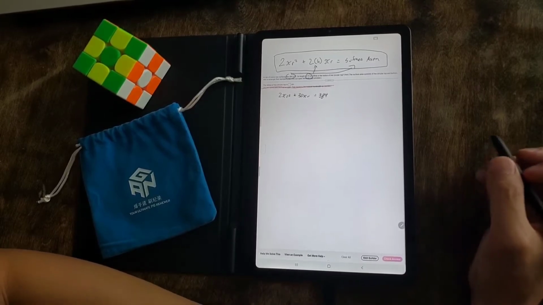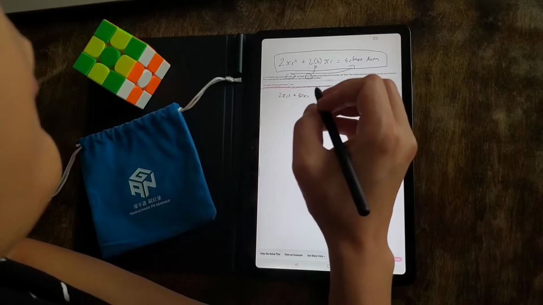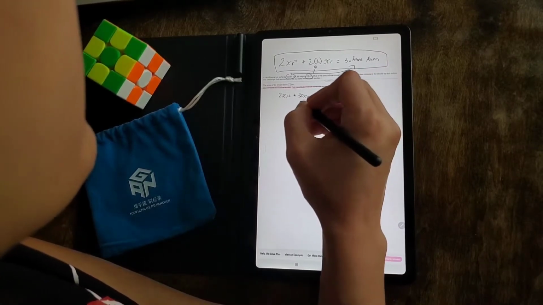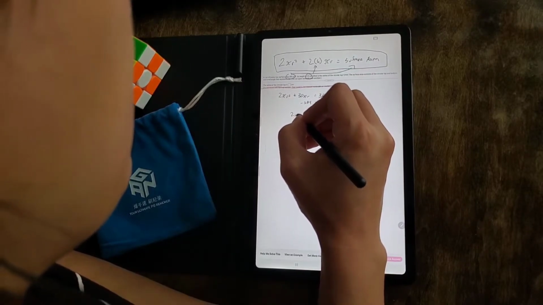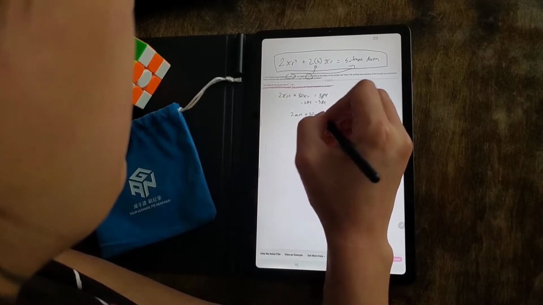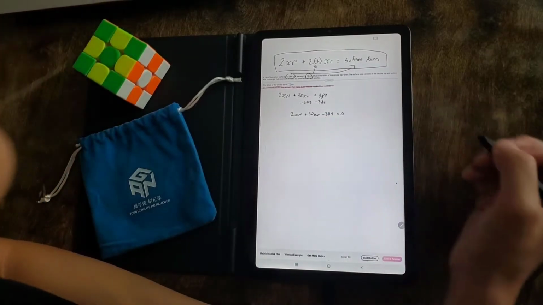The next thing we're going to do is rewrite this equation to the standard form. We can do that by subtracting 384 on both sides of the equation, and now we have 2 pi r squared plus 30 pi r minus 384 is equal to 0.